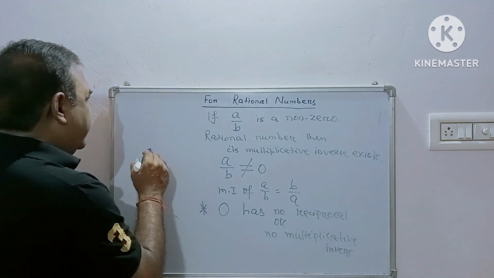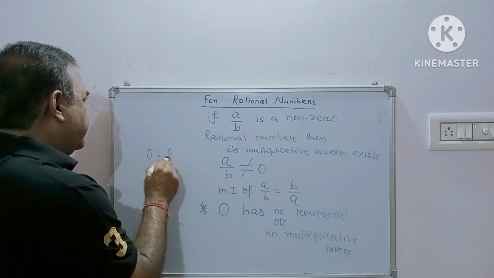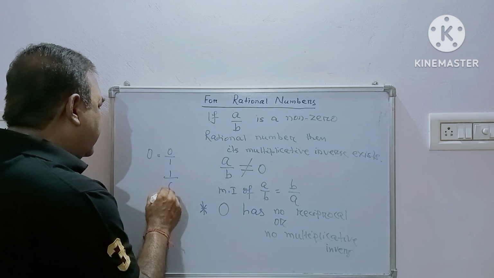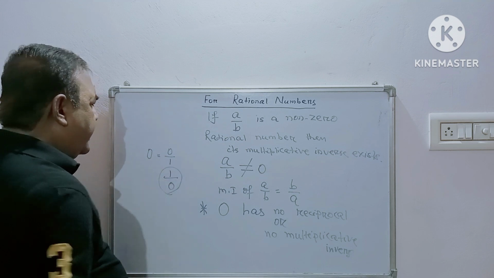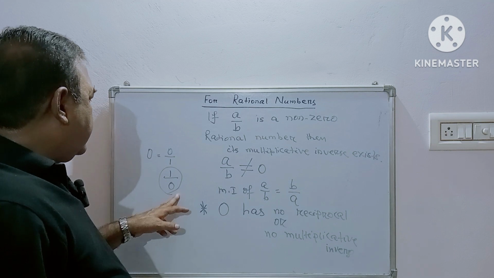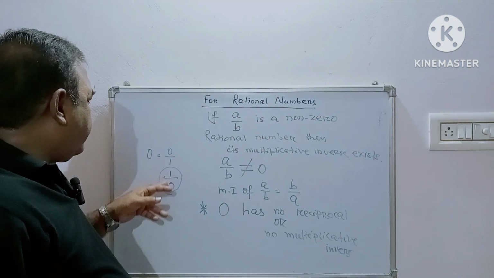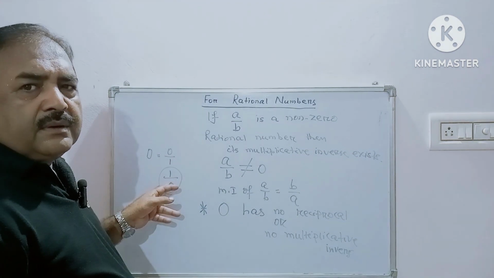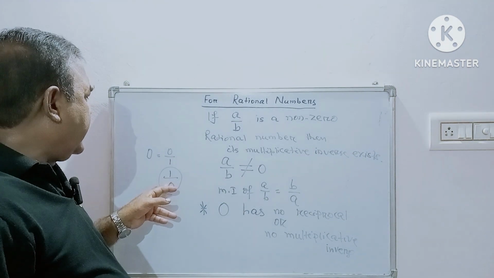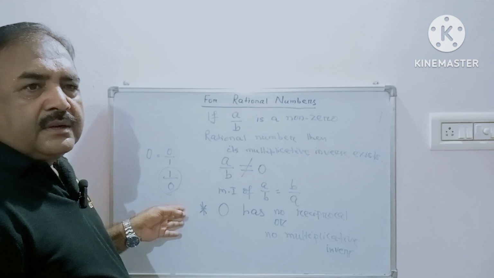Because if I write 0 is equal to 0 upon 1, then I cannot write 1 upon 0. It is undefined. We cannot divide a number by 0. 0 cannot be the divisor. It is meaningless. It is not defined.